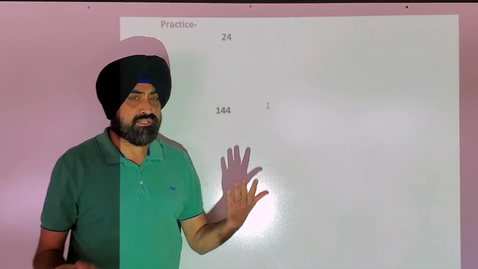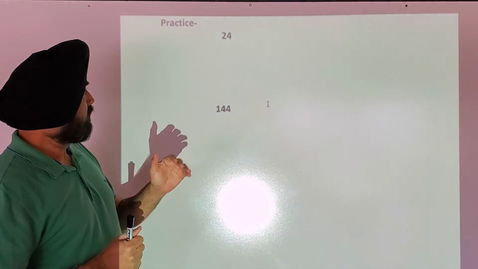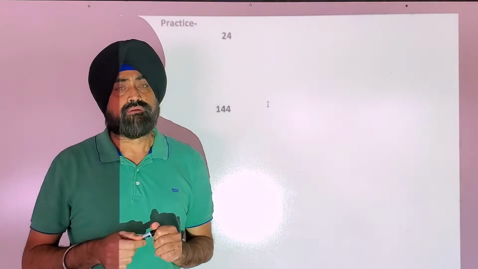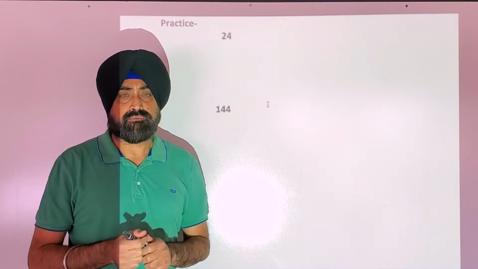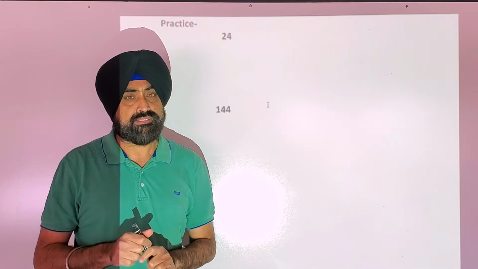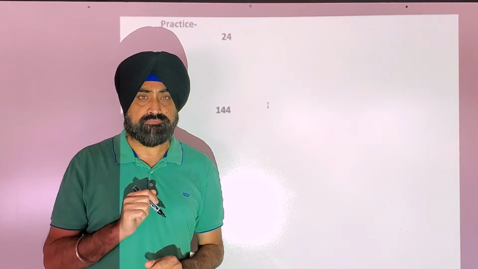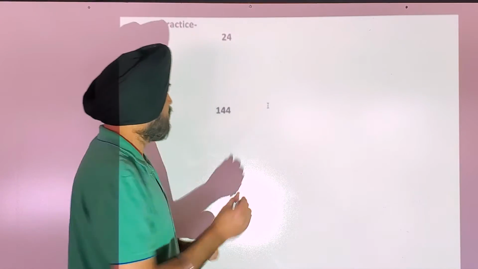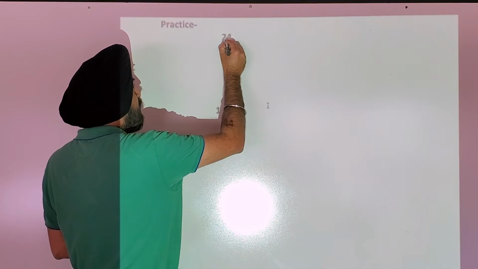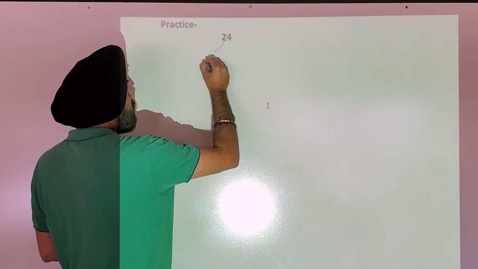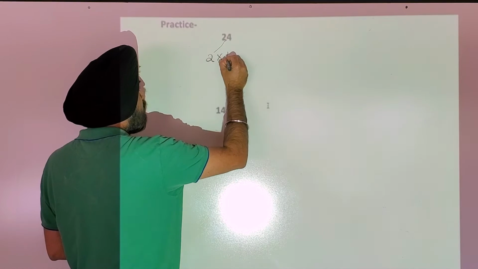Let's do some practice questions. 24: we will make the prime factorization of 24, then check whether it's a perfect square or not. This number can be divided by 2. 2 times 12 is 24.